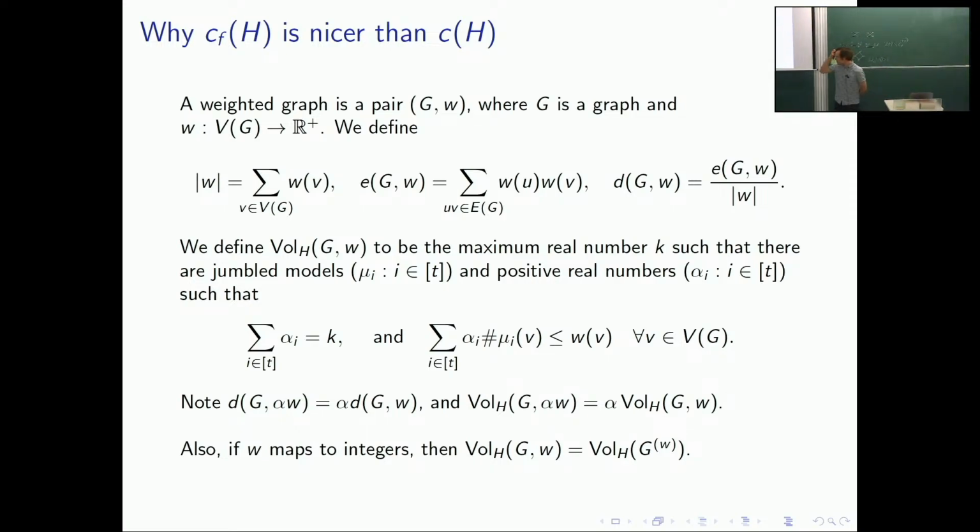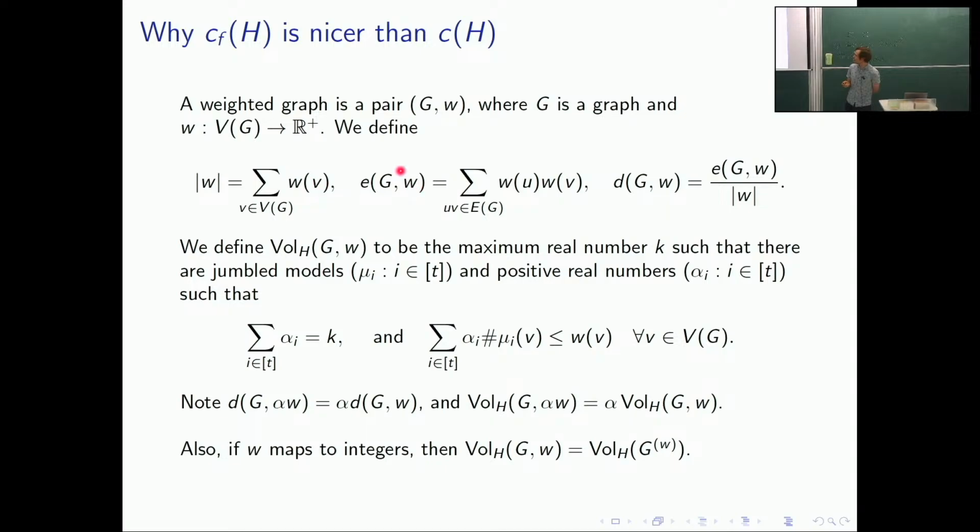So to do this, I want to consider weighted graphs. A weighted graph, we just assign some weight to each vertex. And you can sort of think of these weights as corresponding to some blow up of a graph. Like if we assign each vertex weight 2, then it's like we're taking this 2 blow up, blowing up each vertex with an independent set of size 2.